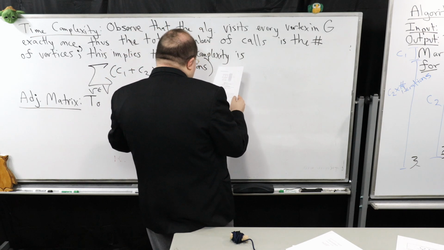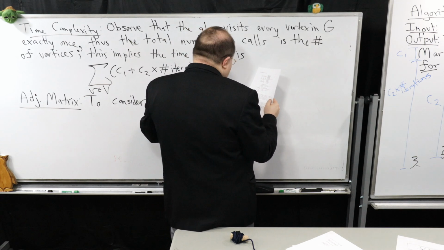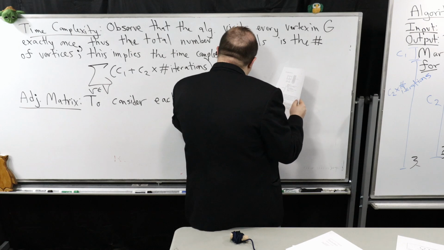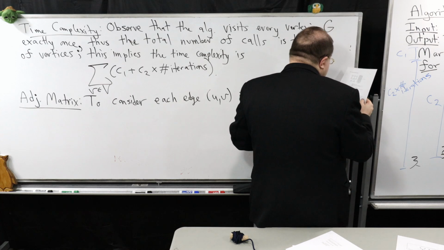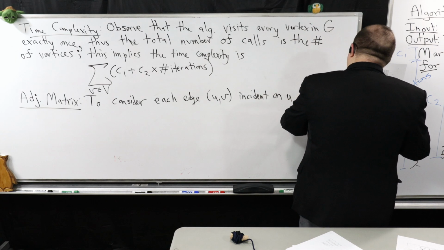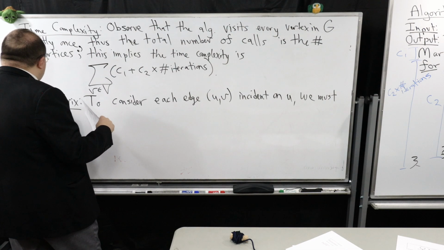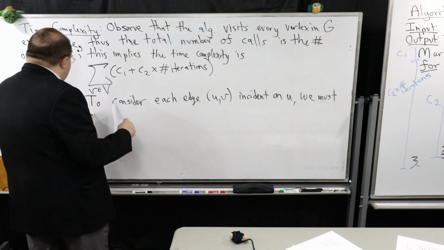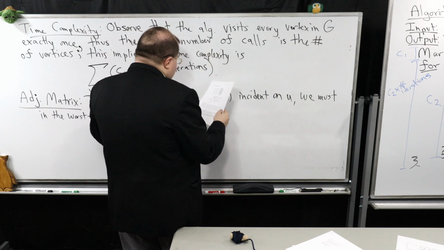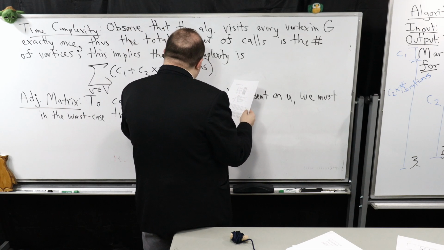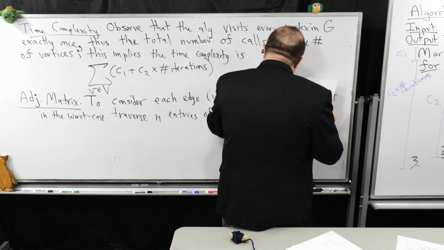So to consider each edge UV incident on U, we must, in the worst case, traverse n entries of a row of the matrix, right?